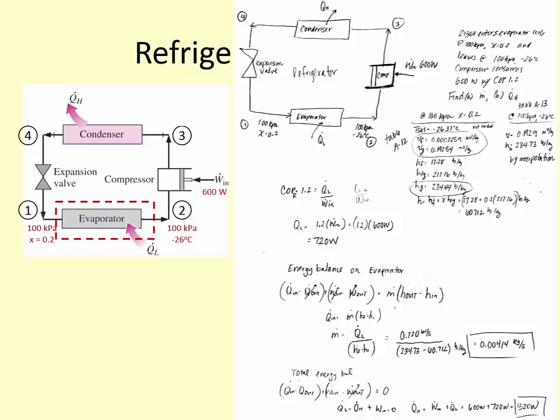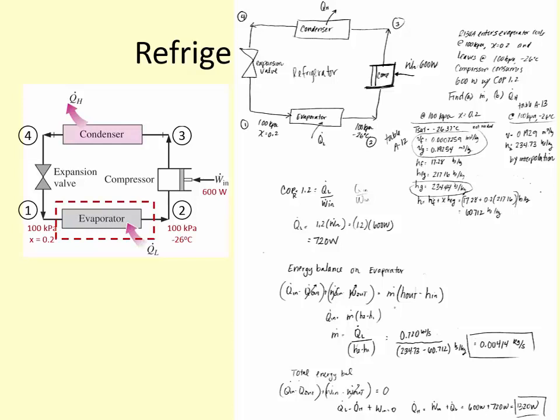Perfect. So COP of a refrigerator is Q dot L, so the desired outcome is to make a cold space colder, divided by work dot in. So we can solve for Q sub L is equal to this coefficient of performance multiplied by the work dot in, which is equal to 1.2 times 600 watts, which gives us 720 watts.